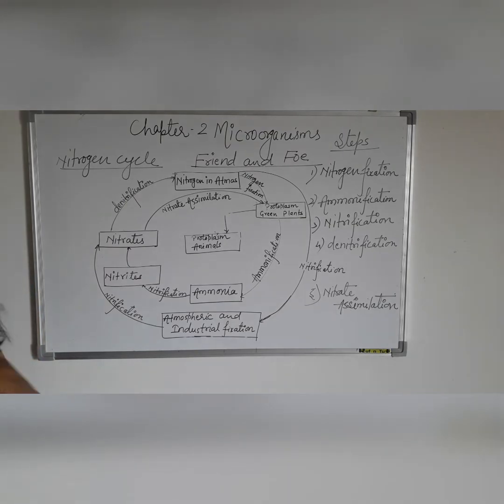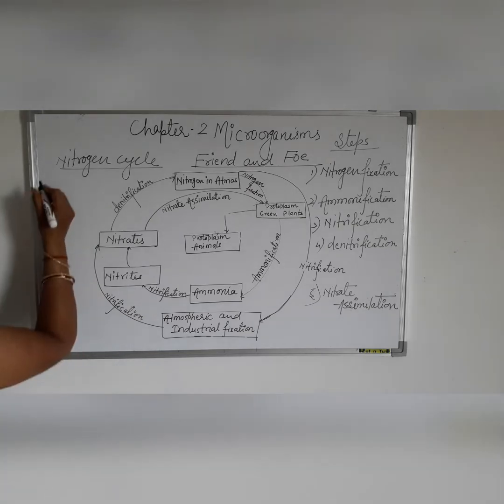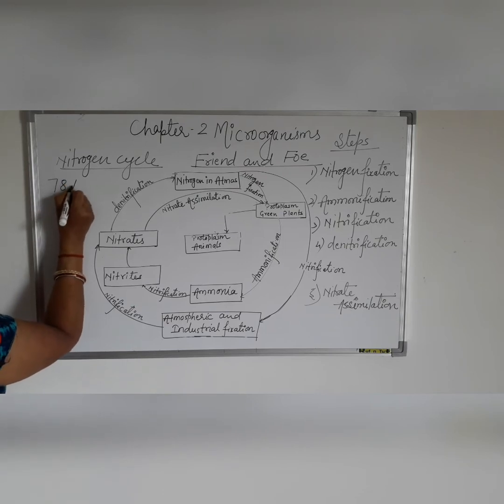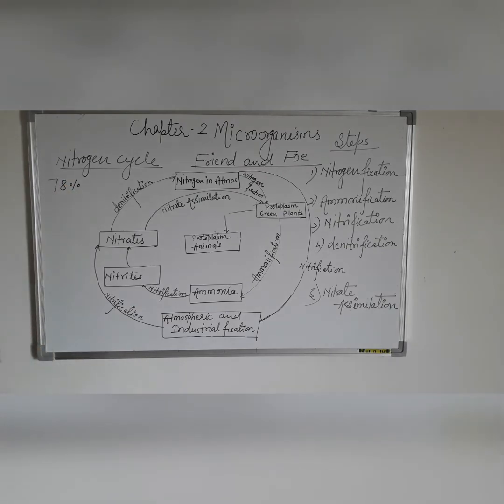As we know, nitrogen is one of the elements which is found in gaseous state and it is present in the atmosphere at 78%. Nitrogen is an essential major element which is present in free state in the atmosphere and in living organisms in combined form as protein, nucleic acid and some vitamins.